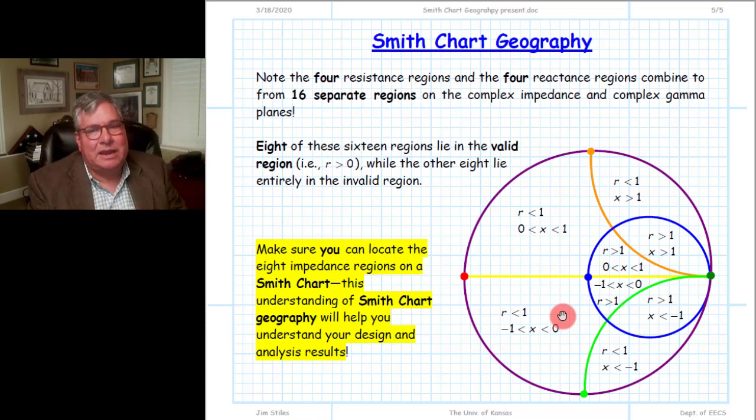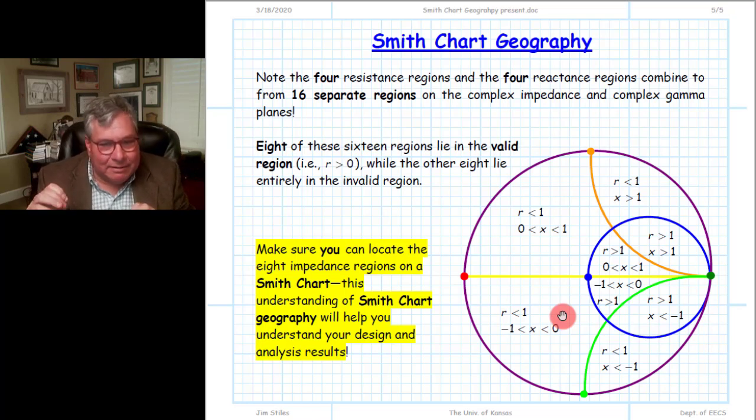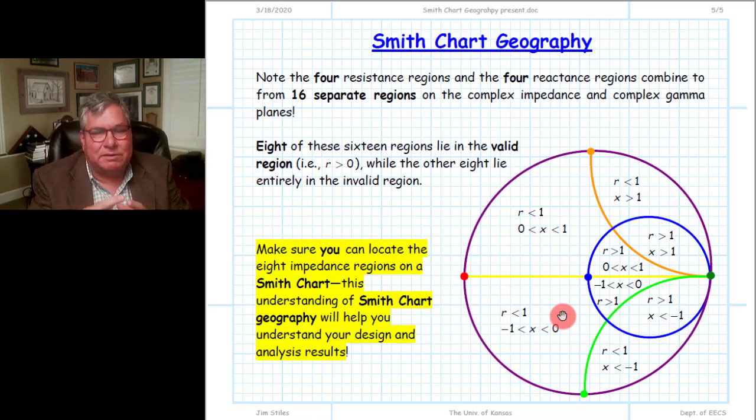But do we really need to evaluate the crossings of these contours to have some idea of what that impedance is going to be? Or can we look at its general location and, without having to evaluate the specific contours, know roughly what the impedance value is?